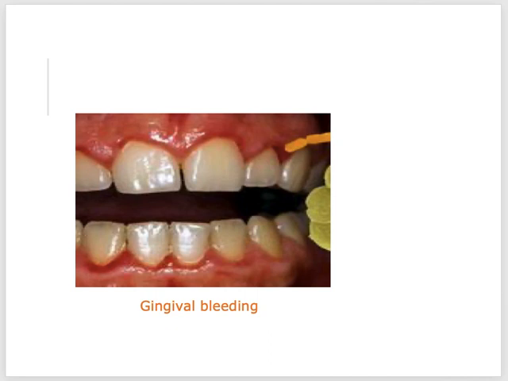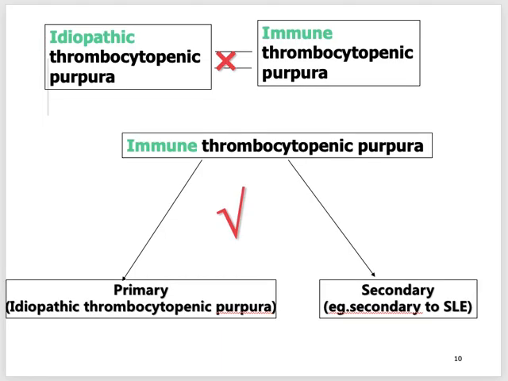So adult and childhood ITP, there could be primary or secondary. Okay, of course, primary is one in which no cause is found, so it is called idiopathic thrombocytopenic purpura, and secondary is of course secondary to certain conditions like SLE, systemic lupus erythematosus, written over here. It could be in HIV, hepatitis C infection, and different malignancies.